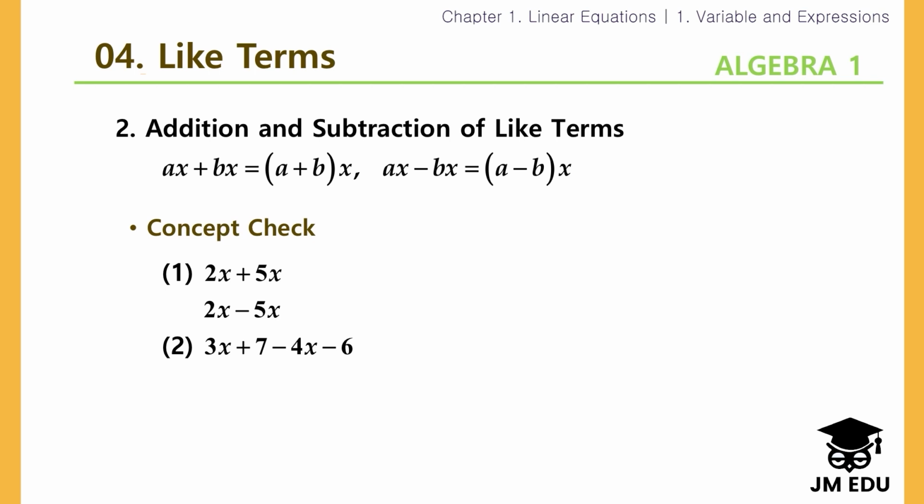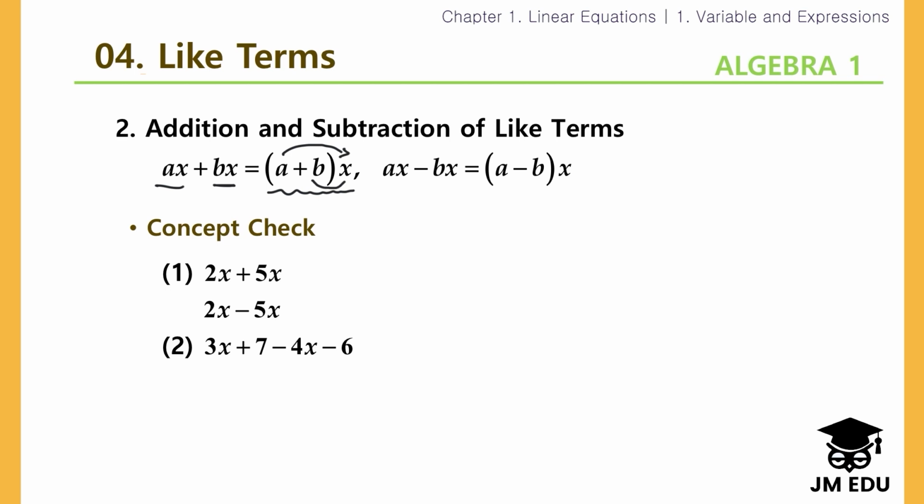Addition and subtraction of like terms. Let's say two like terms are added together. Then we can simply add these two coefficients and write the variable x. These two expressions are equal to each other because if we expand this expression by applying the distributive property, that's going to be ax, a times x, plus b times x, bx, right?